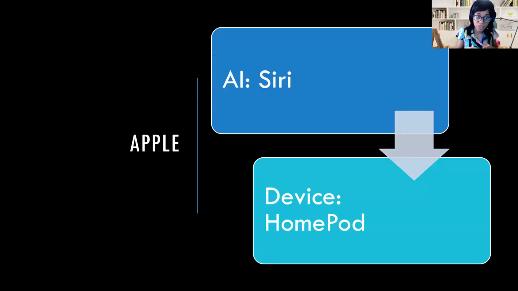And finally, we have Apple's AI Siri inside of its HomePod. And Siri is probably one of the oldest. I think it has evolved greatly, but it's been around for like 12, 13 years or so.